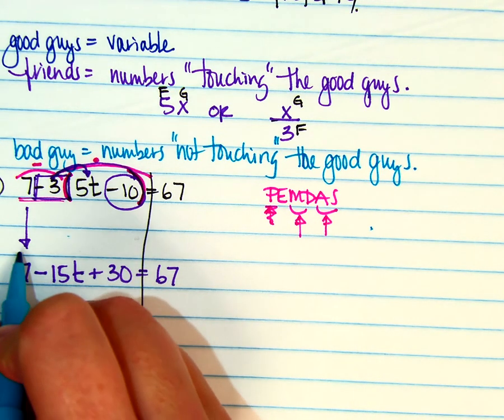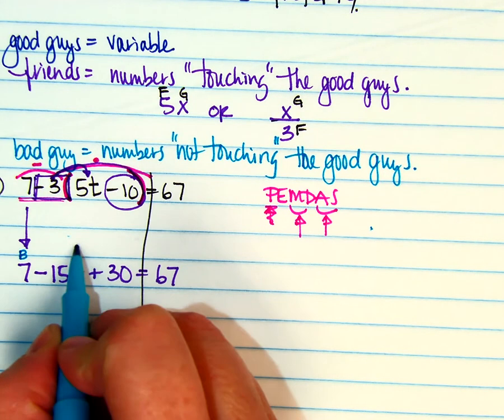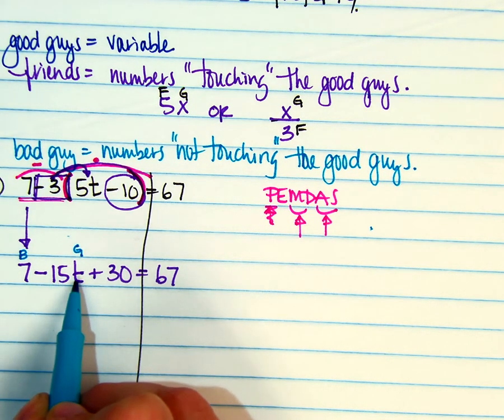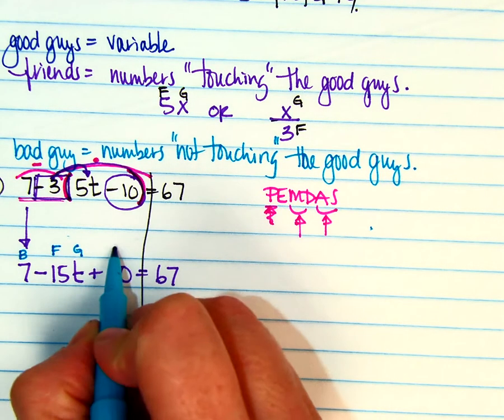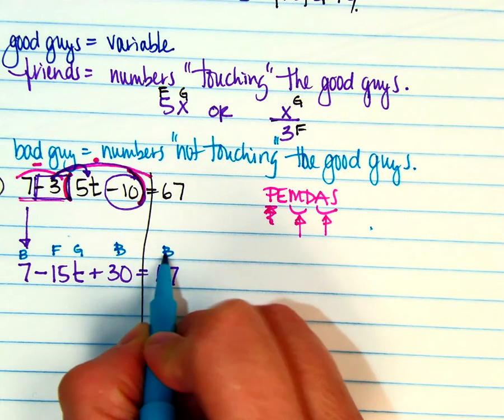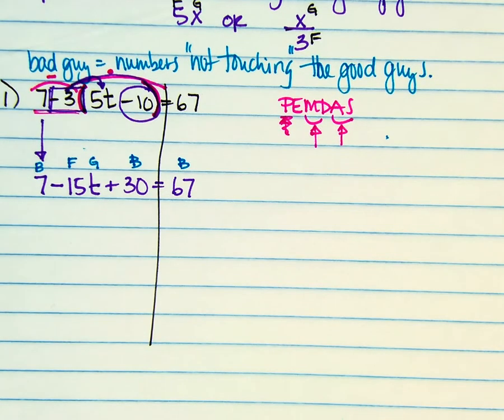So the 7 is a bad guy. My variable is my good guy. This 15 is touching the variable, so this must be a friend. And the 30 is not touching things, that's a bad guy, and that's a bad guy. So we want to move all of our bad guys away from the friends and the good guys.